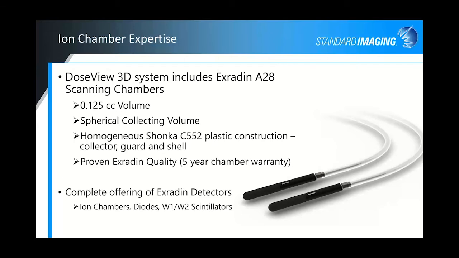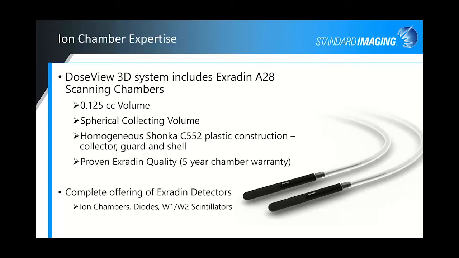There's no high Z material in the construction of the chambers, like for example a copper collector. So being homogeneous to the beam, you don't get any beam perturbation from our chambers. And because they are all conductive plastic, they are a more robust design.